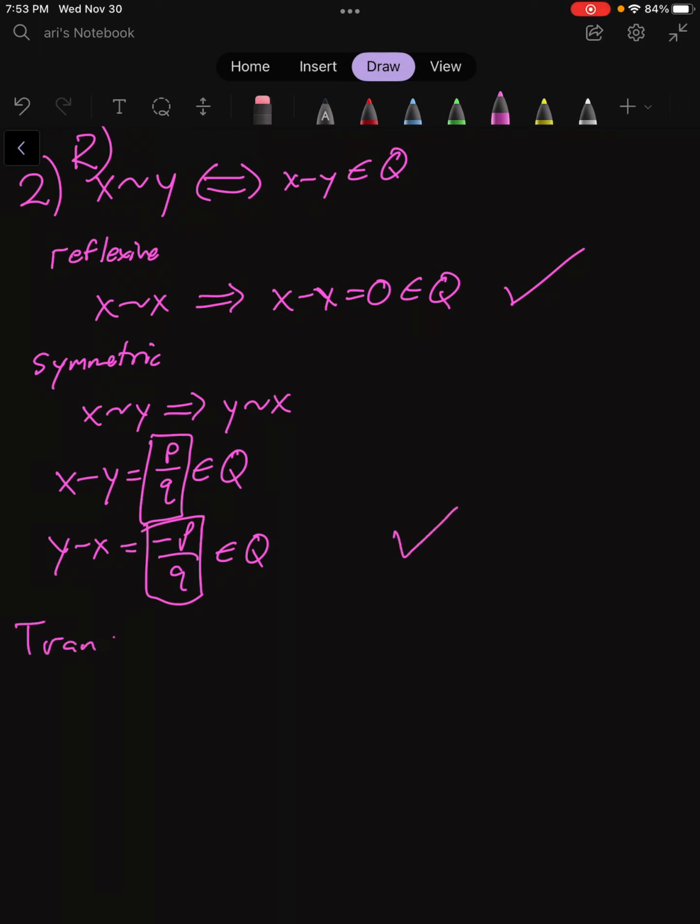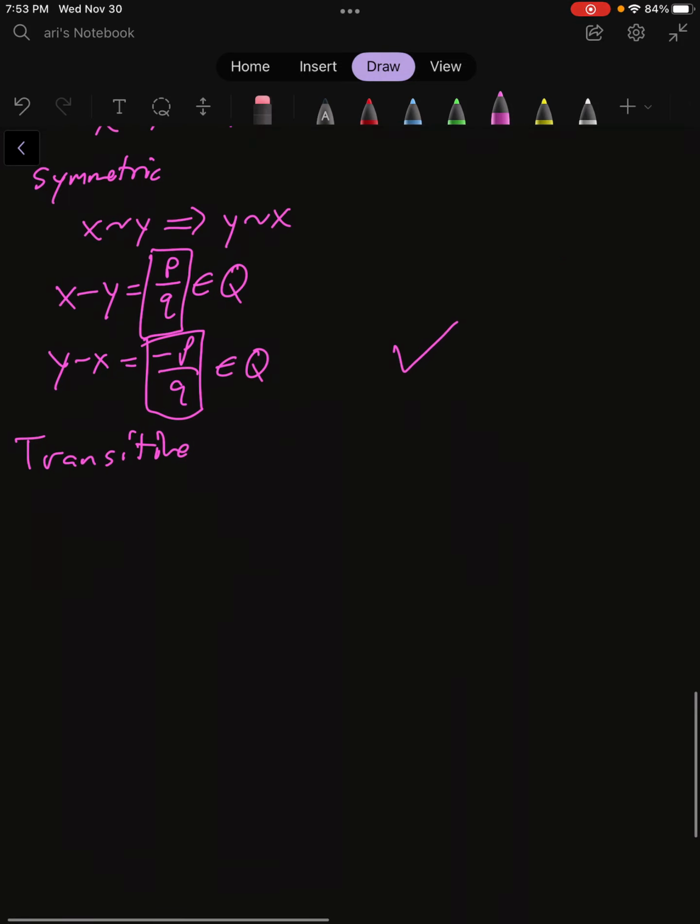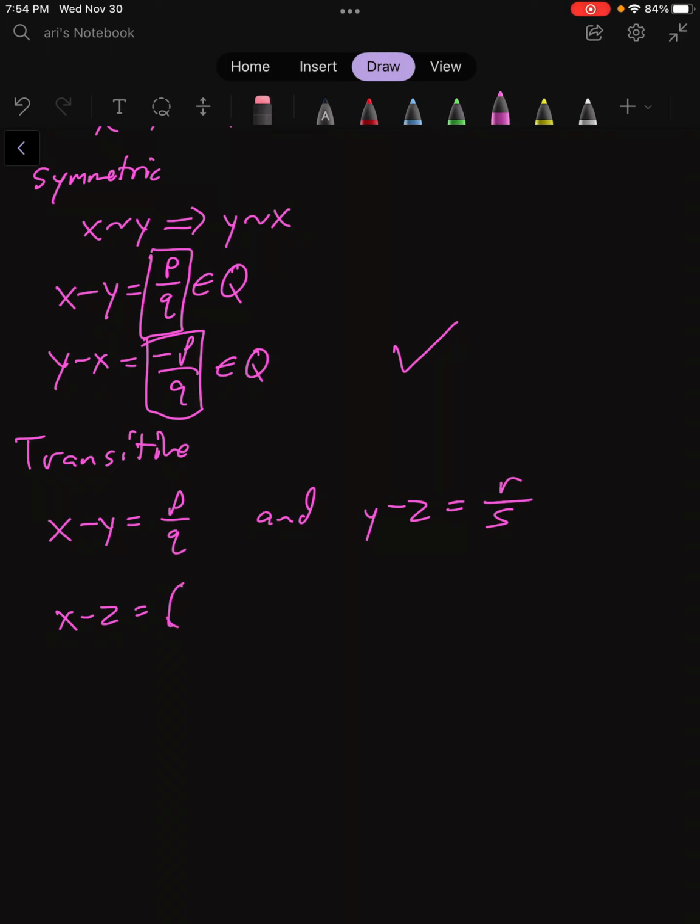And now transitive, this should be the hard one. Transitive will say that if x minus y equals p over q and y minus z equals, say, r over s, then x minus z equals x minus y plus y minus z, which is equal to p over q plus r over s.